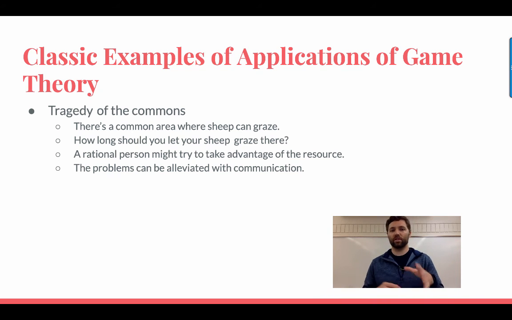So for instance, this shows up all the time in environmental policy. A business that pollutes the air is polluting a common area, right? They're putting their pollution into something that we all need, the air. And so the problem is that they don't have to pay for that.